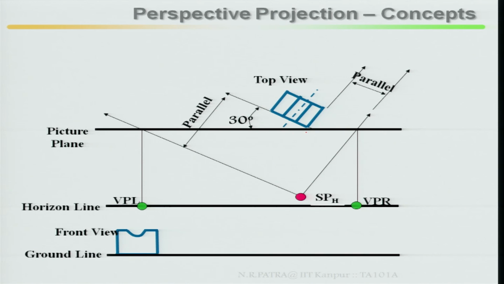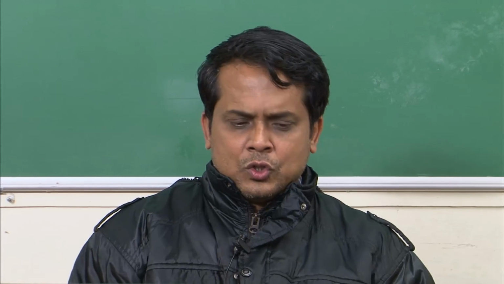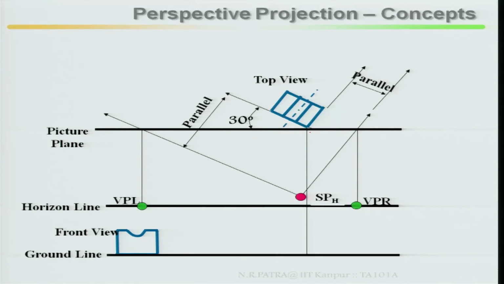Then as one of the edges touches your picture plane, that particular point or line gives your true length. So from this front view, from where it touches the picture plane, you project it back, extend it from the front view. So this is your true length.